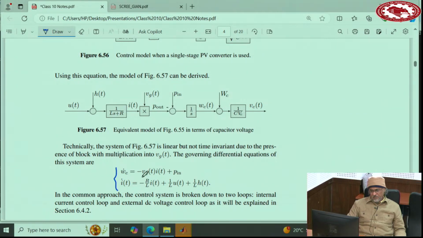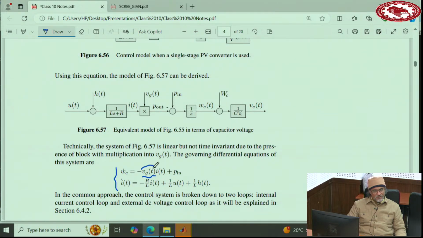And even if you consider Vg, the grid voltage, as an external signal, normally the converter does not control that voltage. In this case, it's connected to the grid, so it's a grid voltage. If you consider that as an external waveform, then this is linear, yes, but not linear time invariant, because this is a time varying waveform.